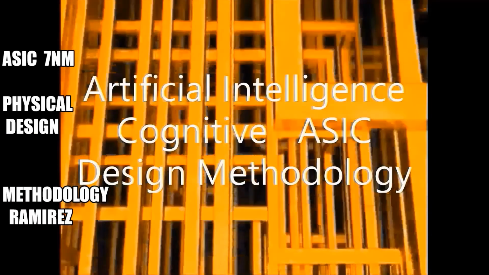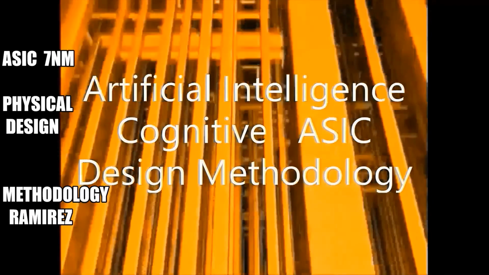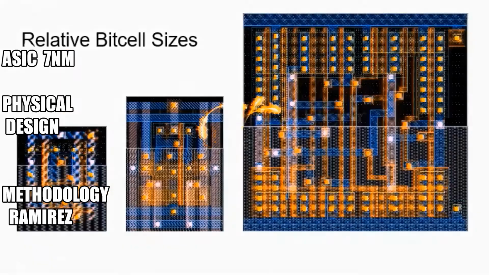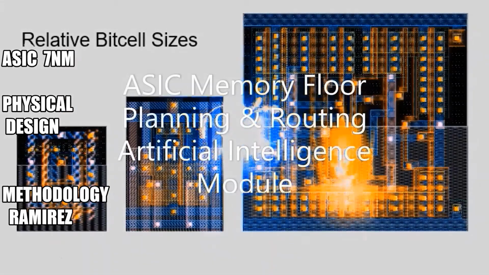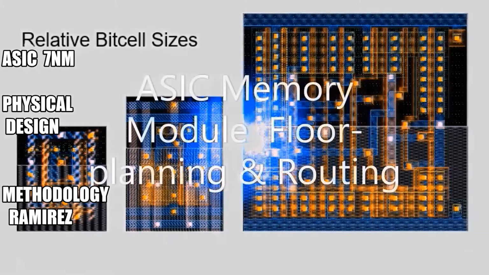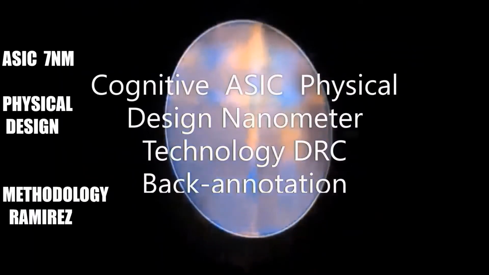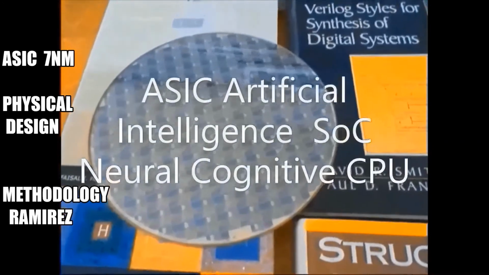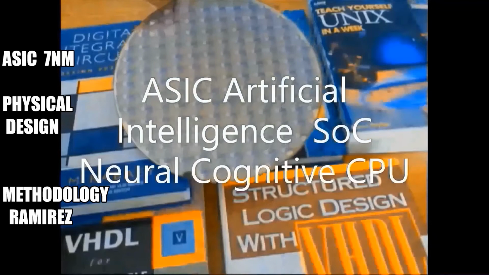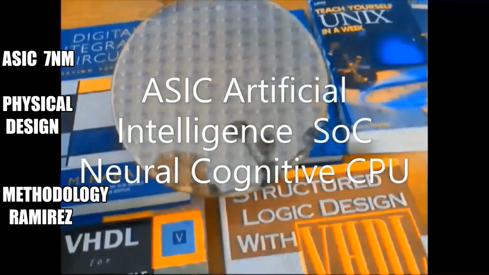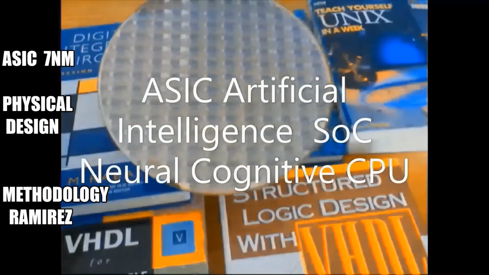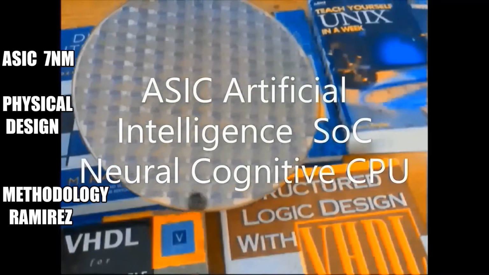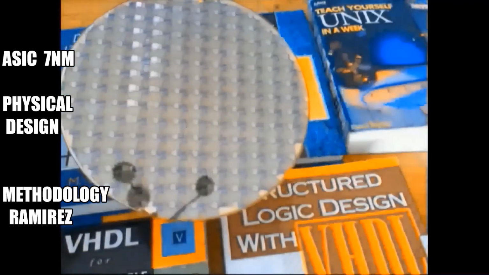On the back-end mode, it generates the SPICE models with layout views and timing models to perform DRC and LVS. It can be performed at each level of hierarchy or at the end of the hierarchy, and it simulates power and delay, and it can also be back annotated.